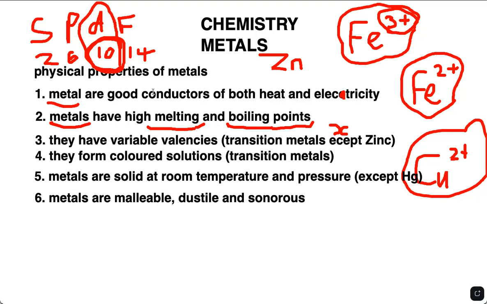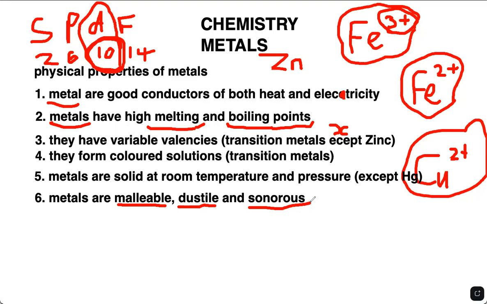These are hard to pronounce terms, such as malleability, they are malleable, ductility, they are ductile, as well as them being sonorous. Sonorous is everything to do with the producing of a sound.